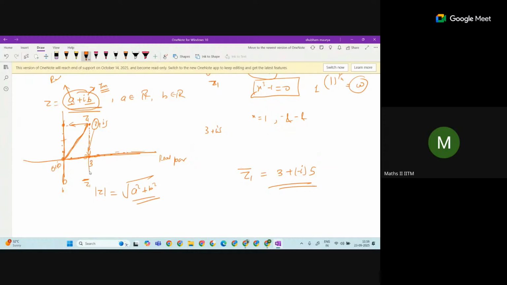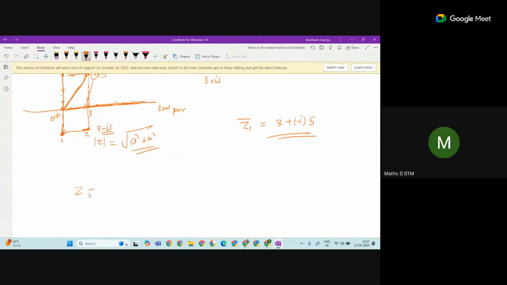The real part stays the same, but the minus sign is added. So exactly 3 minus 5i. It is like a mirror on the x-axis, where you take the image of it.